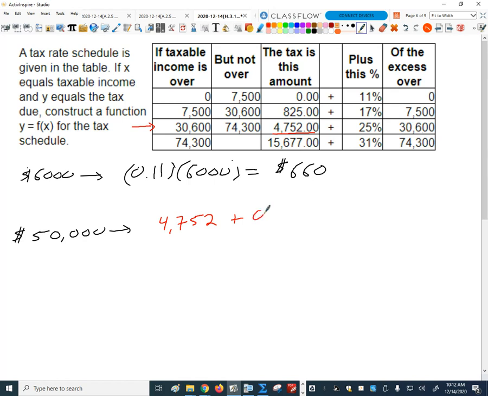Okay, so 25% is 0.25. But how would I say this part? How would I say the excess over 30,600? I have to figure out how much 50,000 is in excess of 30,600. How would I determine that?